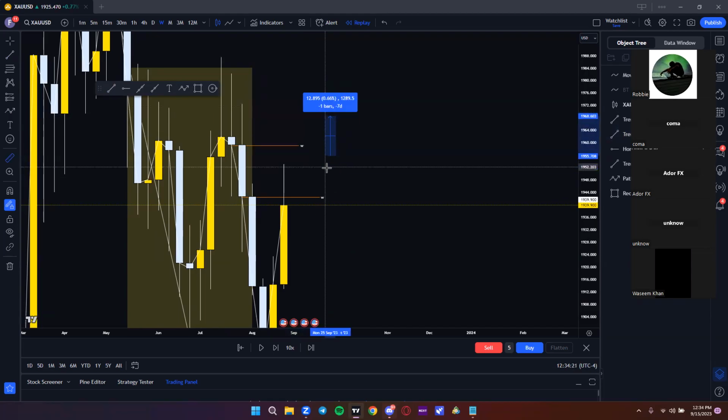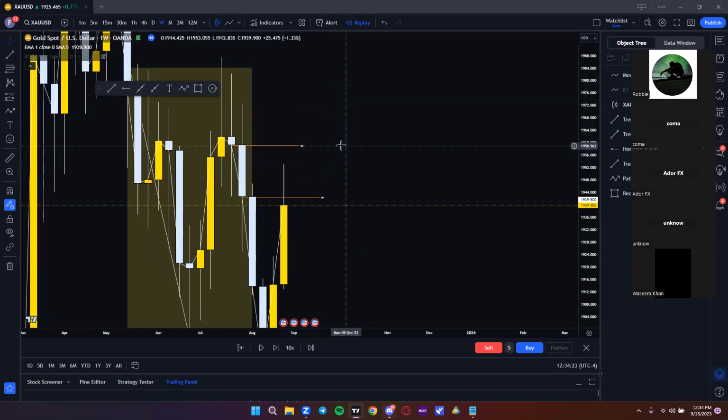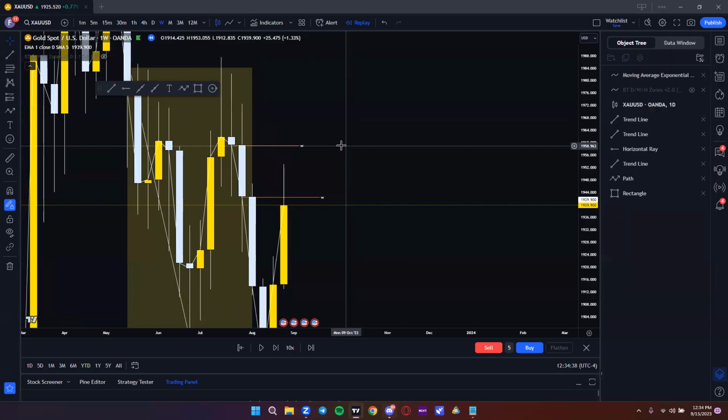And the more you focus on the higher time frame OHLC spectrum, weekly, daily, or monthly, the less confused you'll be, and you won't have to use OHLC on H1.